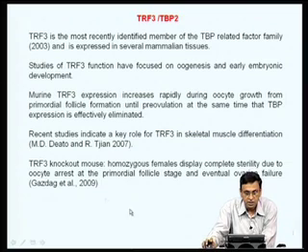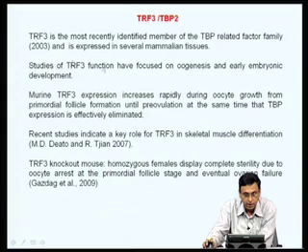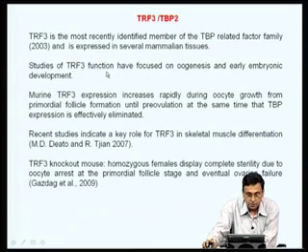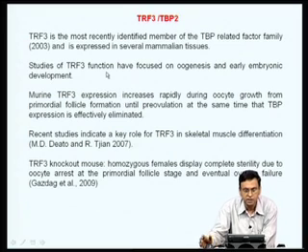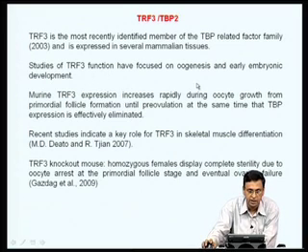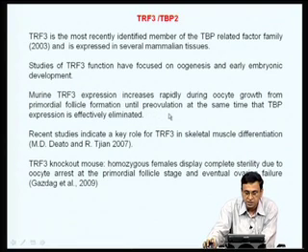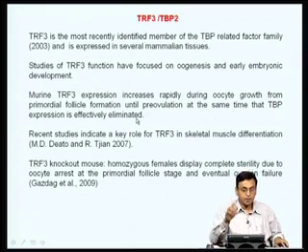There is another factor called TRF3, also called TBP2, which was discovered as recently as 2003, and TRF3 has been extensively studied again in gonadal tissues as well as in early embryonic development. In mice, TRF3 expression was shown to increase very rapidly during oocyte growth, from primordial follicle formation until pre-ovulation, and at the same time TBP expression is effectively eliminated. Very important.